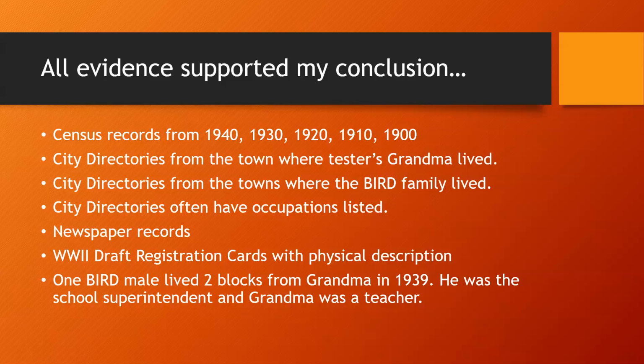In order to prove this, it took a lot of building trees for other people. I did all of that with no help until this last match came into the tester from 23andMe. And she's the one who helped me seal the deal for what I already was suspicious of.